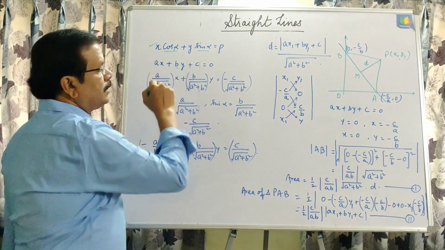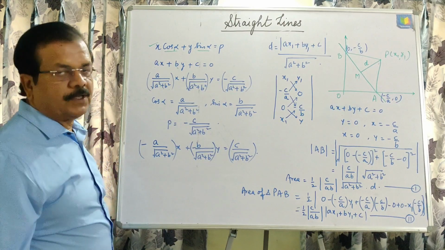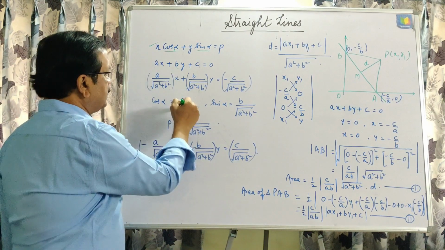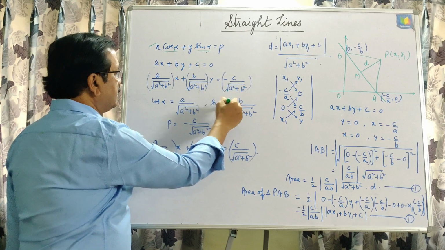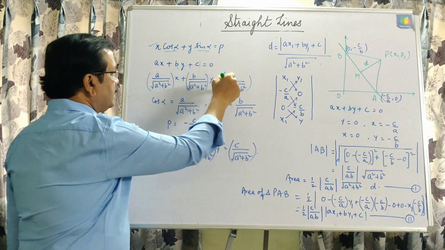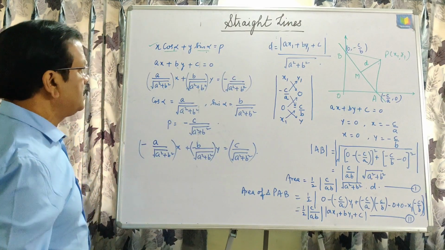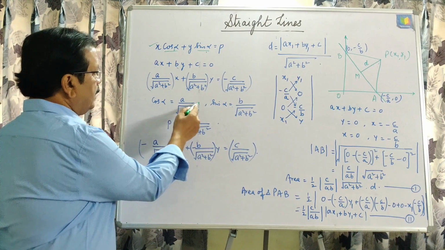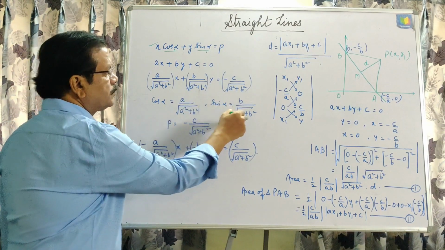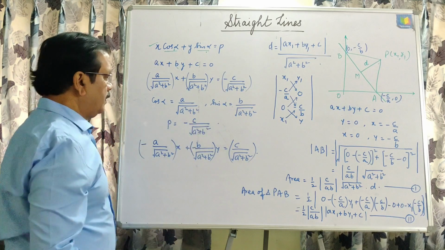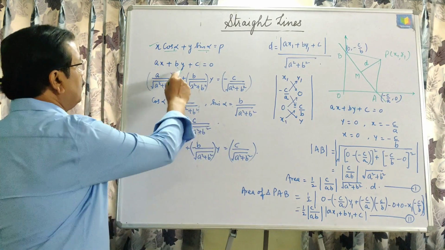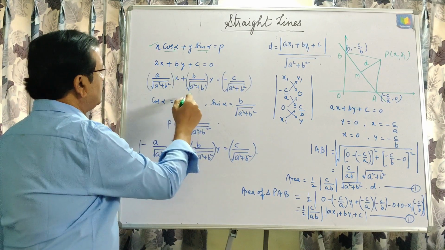Comparing with the perpendicular form of the equation, we get cos alpha is this, sin alpha is this, and p is -c/root(a² + b²). Here you can see that this square plus this square will be 1, and that is why this is the perpendicular form of the equation.